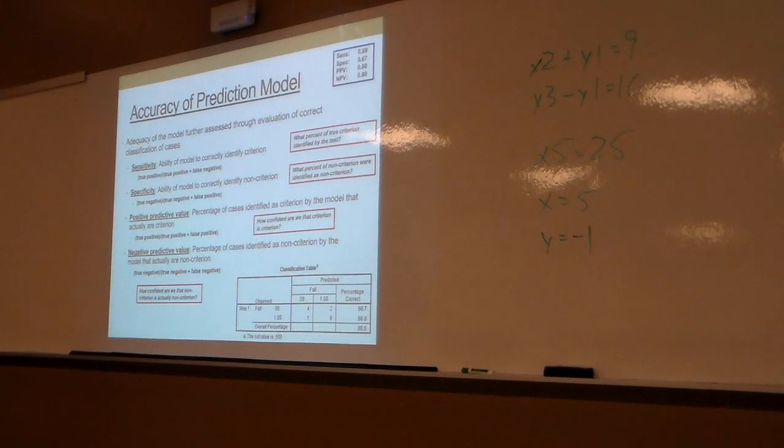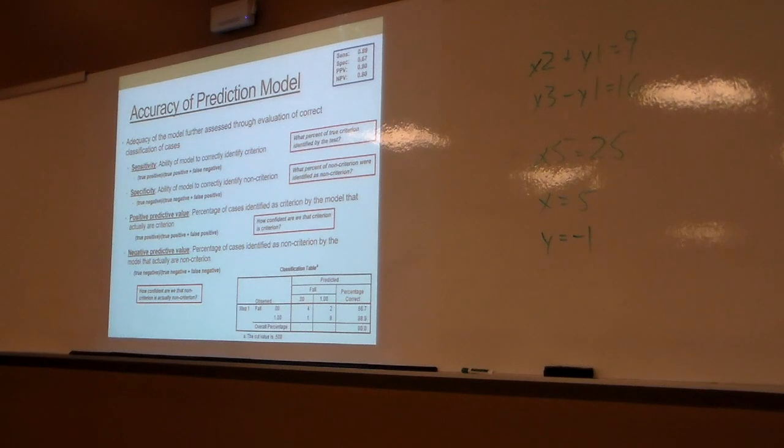Okay, but anyway, going back to the beginning, sensitivity. This is what percentage of my criterion were identified by the test. So let's say I got a sample of 100 and 20 people in my sample were criterion.